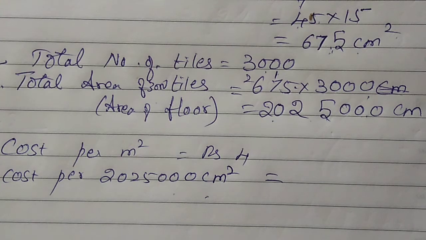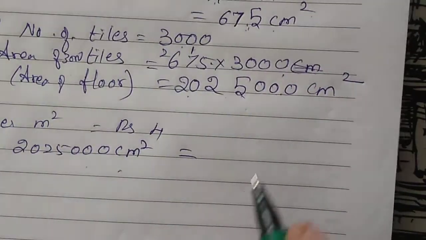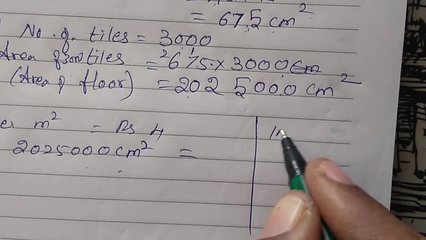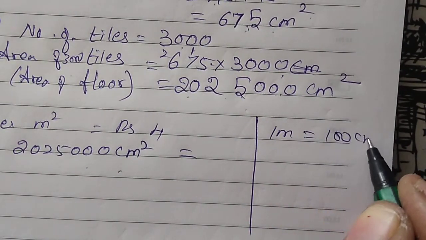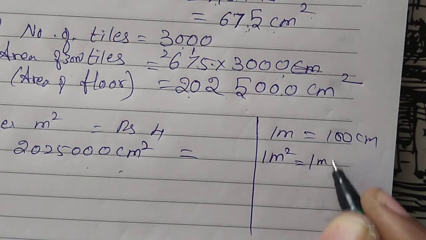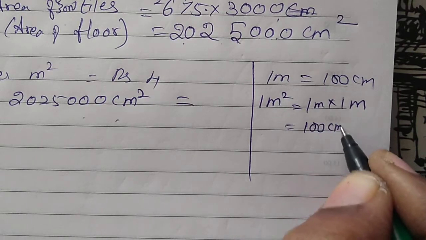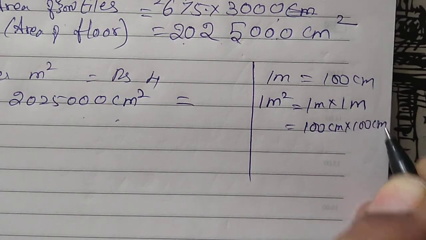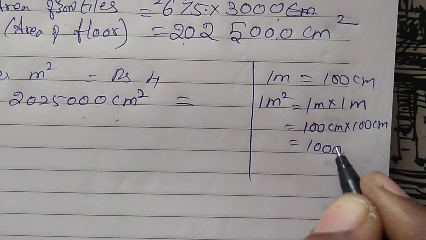I am going to show you in the rough part. 1 meter is 100 centimeter. What do you mean by 1 meter squared? 1 meter into 1 meter, which is 100 centimeter into 100 centimeter, which is 1 followed by 4 zeros centimeter squared.